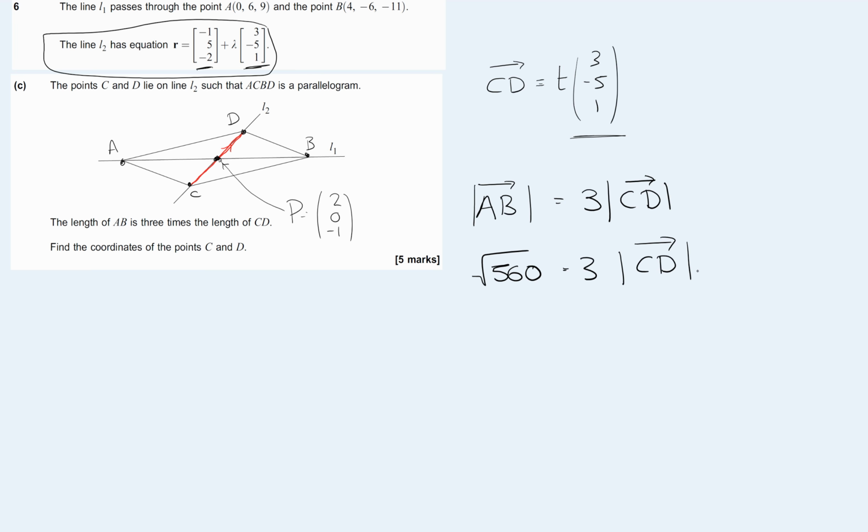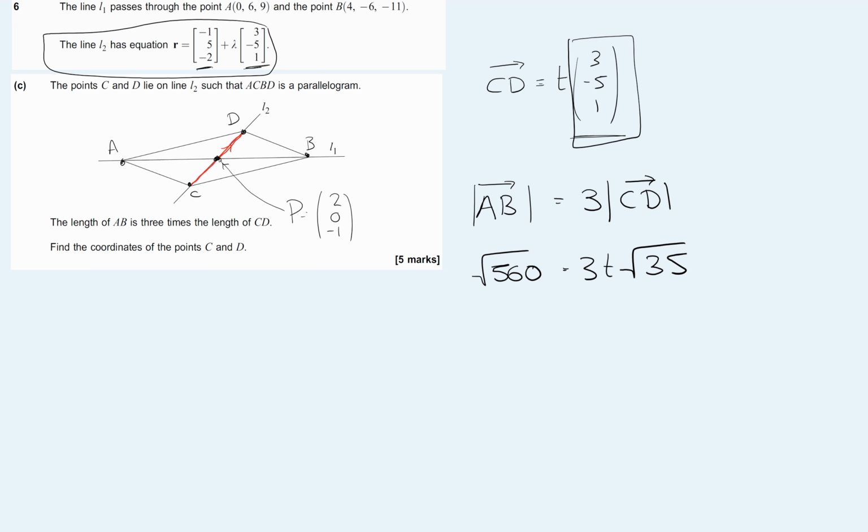Now, that's the magnitude of CD, but we know that that's being multiplied by this T. So the magnitude of the vector, that bit there, is being multiplied by T, which is subsequently being multiplied by 3. Okay, so what we now have is an equation that's going to allow us to find T, i.e. it's going to tell us how big the magnitude of CD is.